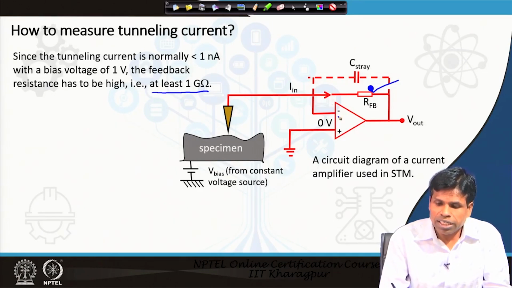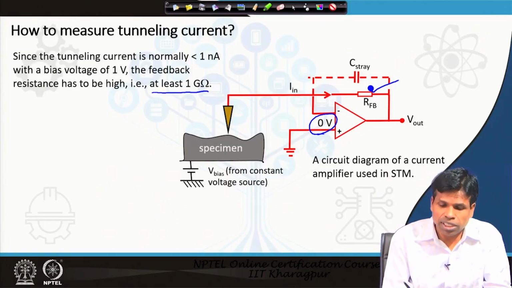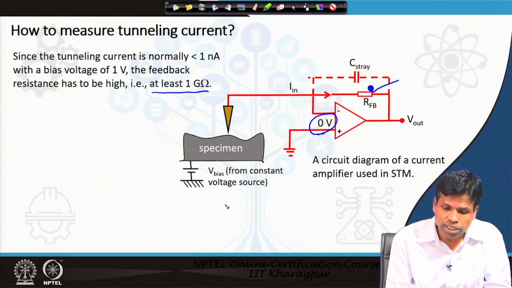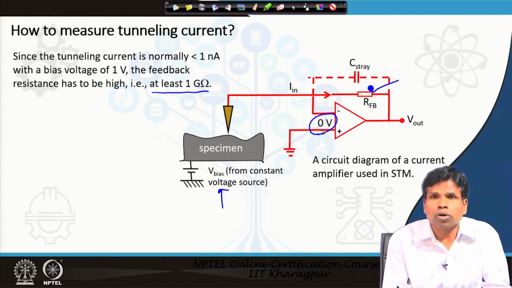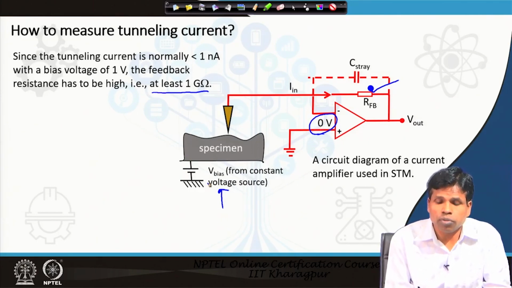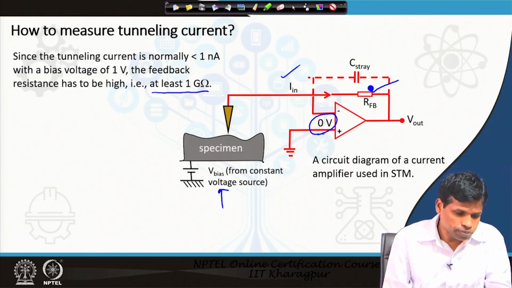The tip is normally biased to 0 volt, or it is grounded. On the other hand, bias voltage is provided to the sample from a constant voltage source. So, we provide bias to the sample either less than 0 volt or greater than 0 volt, and then measure the tunneling current generated between the tip and sample.